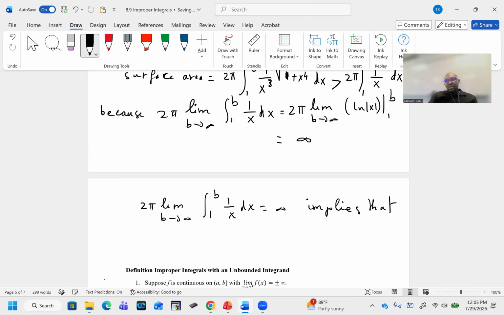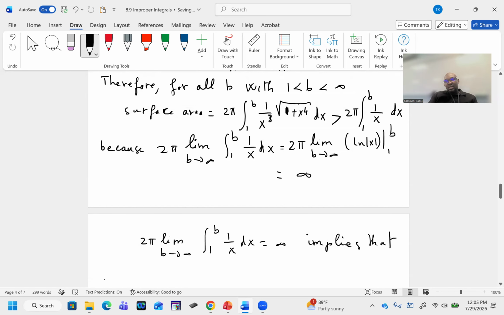Because, again, look, this is greater than this one, right? This is greater than this integral.